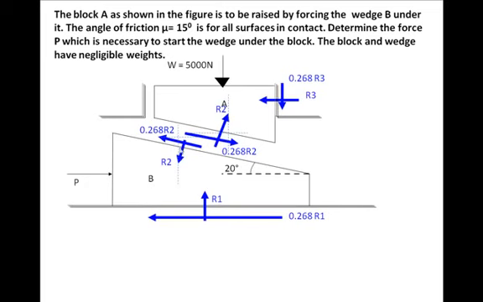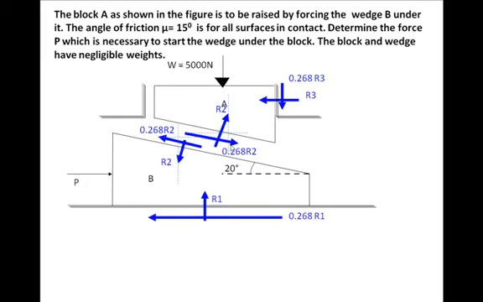The direction of this R2 will be perpendicular to this plane, which is inclined at 20 degrees. When we come to body A, these friction and reaction directions are reversed. This R3 is perpendicular to the vertical surface, and the block A is trying to move up under this P, and therefore friction is down here.